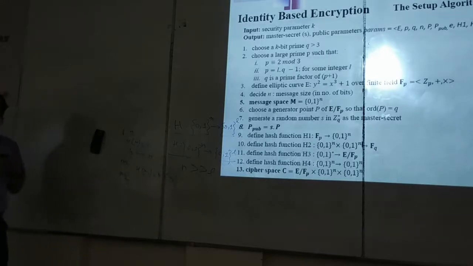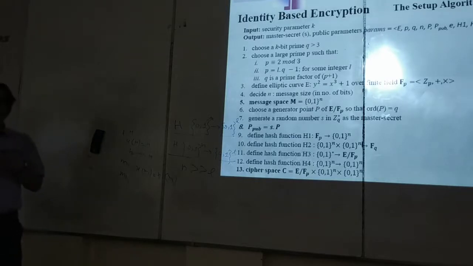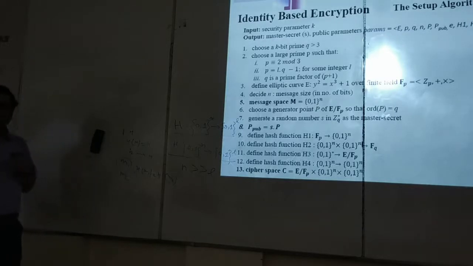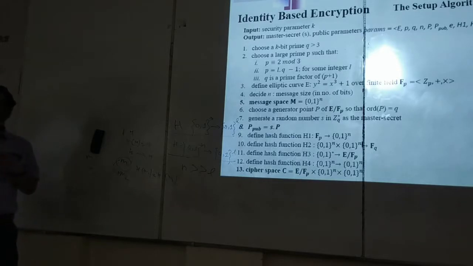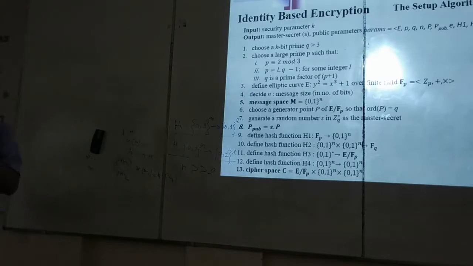And collision resistance states that you are given nothing, you just have to find a pair M1 and M2 so that the hash of the two is the same. The difference between this and second pre-image resistance is that there M1 is given and you have to find another M2 with the same hash, while here you are given nothing and can find any arbitrary pair M1 and M2 with the same hash.